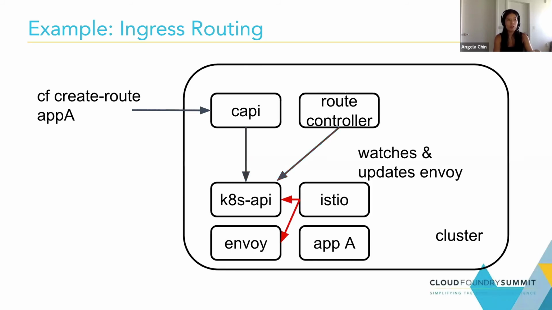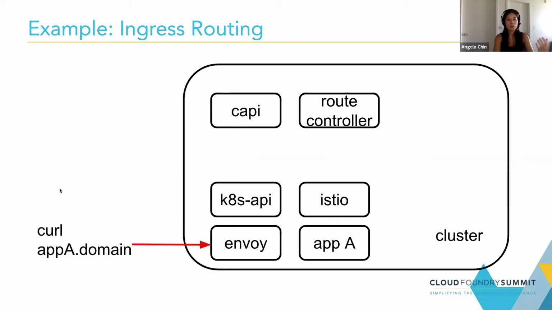Istio is also running on our cluster and is able to see this configuration and update the Envoy to know where exactly to forward requests to, so that when you try to actually make a connection to your application, you go through the Envoy and are successfully ingress routed to the application.